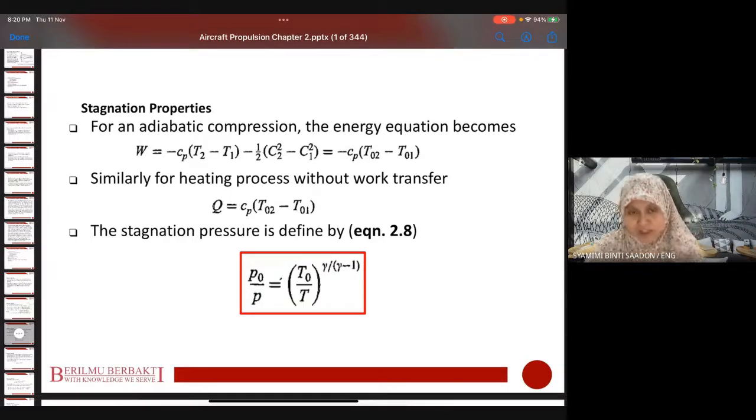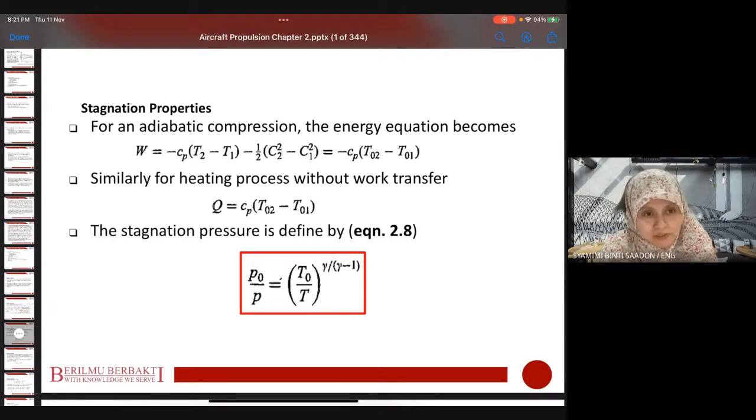Right now I introduce the gas turbine cycle, the Brayton cycle, in general. Later you will see applications of this shaft power cycle in aero engines: turbofan, turbojet, turboprop, etc. When we evaluate cycle performance, generally we use stagnation properties, stagnation temperature and stagnation enthalpy, instead of static enthalpy and static temperature.